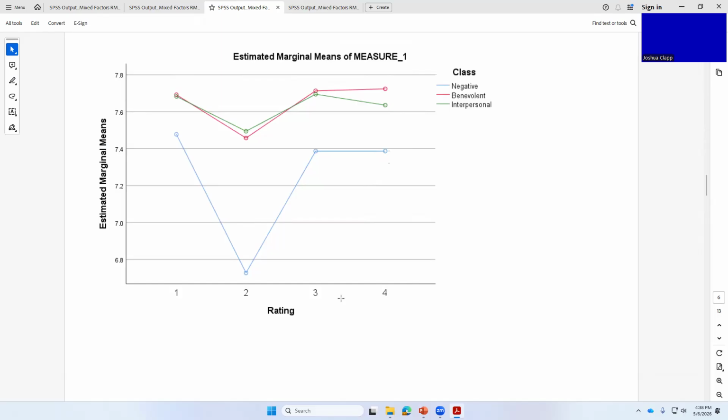Okay. Charlotte, how many tests is it going to take to actually run that, if I'm looking at negative versus the combination of benevolent and interpersonal? 4, right? But here's where we have to start thinking carefully. How many actual comparisons did I make when I was developing this strategy?